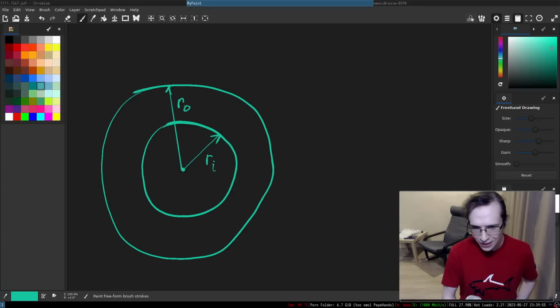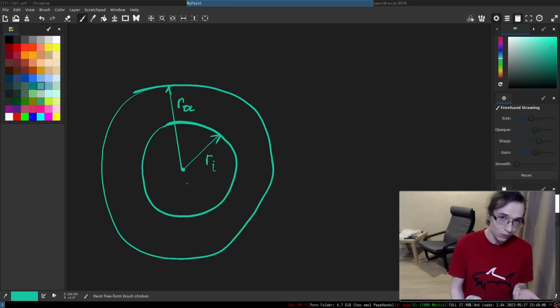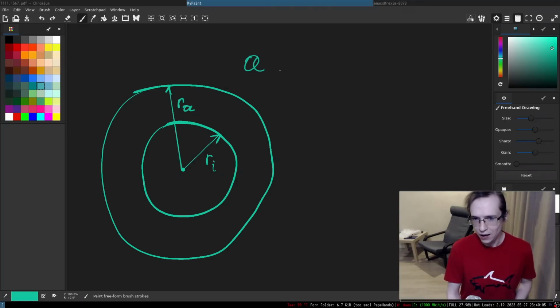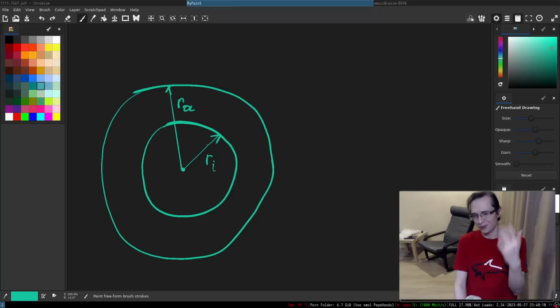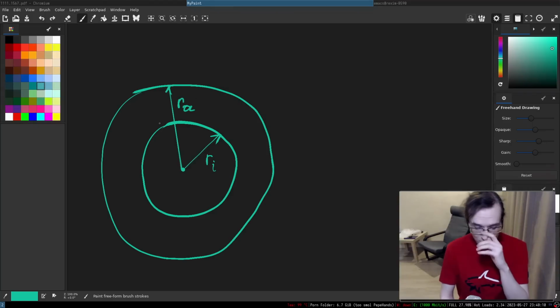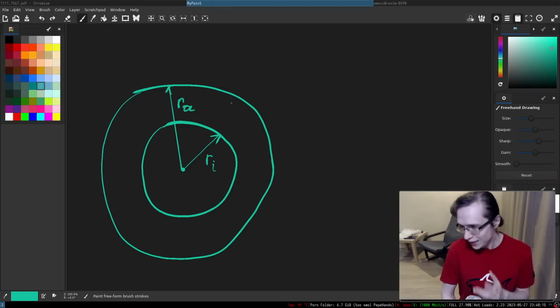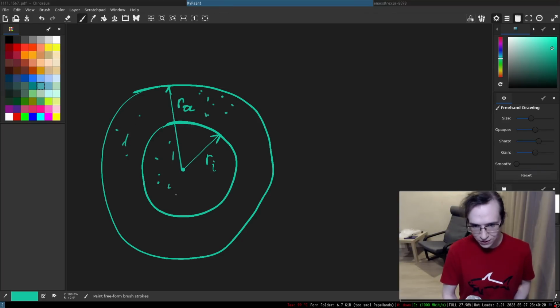The paper denotes that outer radius as Ra. So I is inner, and A is outer. I don't know why it's not O, maybe that's why. You have to keep in mind that you have different cell values in here and different cell values in here.